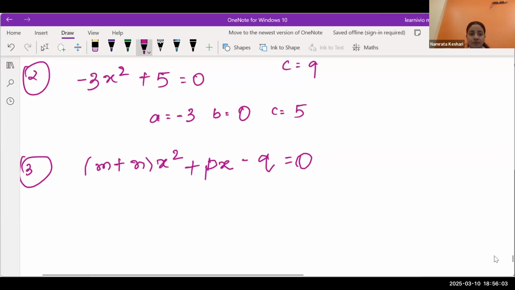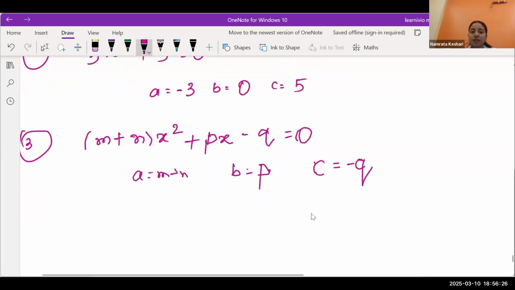A is equal to m plus n, B is equal to P, and C is equal to minus Q. C is minus Q, right, Rayyan? Yes, ma'am. Okay.